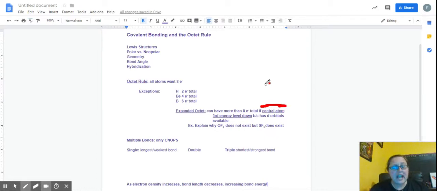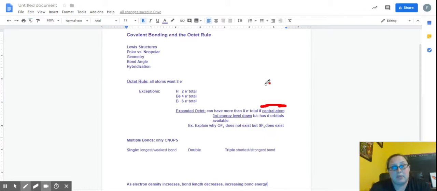Now, I put an example down here. Explain why OF5 does not exist, but SF5 does. So this could be a possible free response question and how it pertains to the expanded octet. The very first thing you'll always have to do is draw the Lewis structure for those. Now, I'm not going to draw the Lewis structure because we already know our justification, but if I were to do so, OF5 would not be a Lewis structure that could happen. SF5 does happen, though.